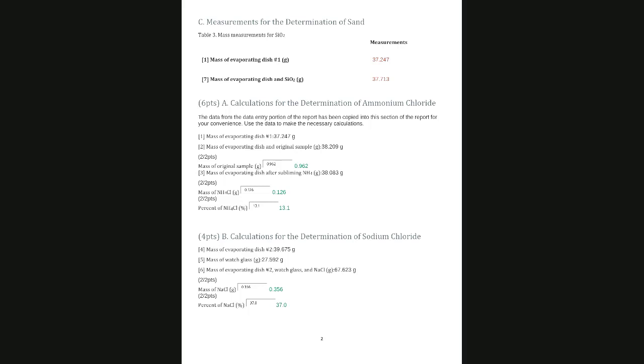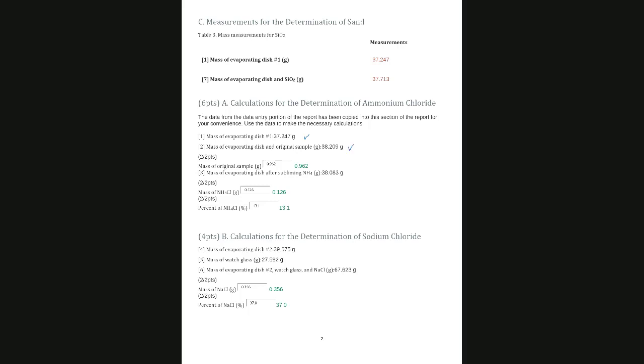So the first part is to know the mass of the ammonium chloride. They will give you the mass of the evaporating dish, it's in black here.